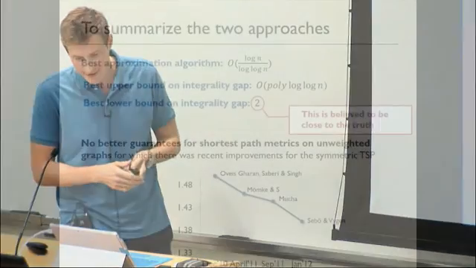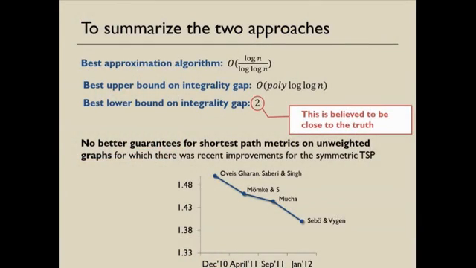Okay. And I should say here, there are no better guarantees for shortest path metrics on unweighted graphs. So suppose all edges in the initial case had the same length. Then we don't know any better guarantees than log n over log log n or poly log n in integrality gap. And this is in contrast to symmetric TSP, because in this instance we know better than Christofides. Okay, so there was this sequence of papers.